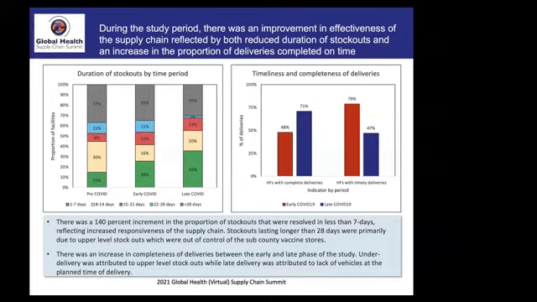What we didn't achieve much is the number of facilities that had stockouts of more than 28 days. Yes, there was a reduction of 7%, from 37% at baseline to 30%, but that really did not improve much. And that can be attributed to the pandemic, because there was a lot of redirection of resources, both physical and human resource, but also the stockouts that came from the national level.